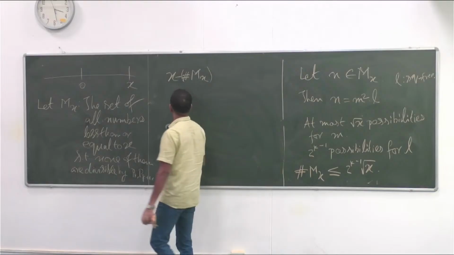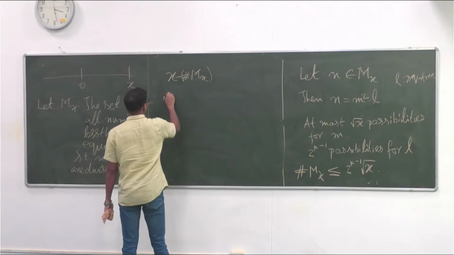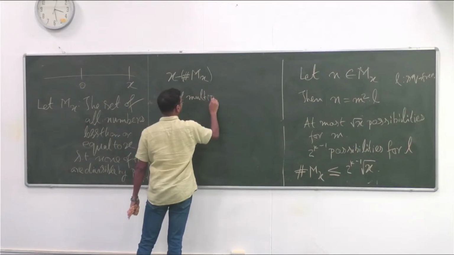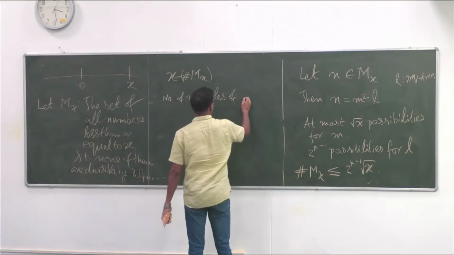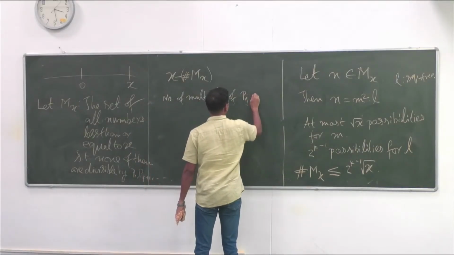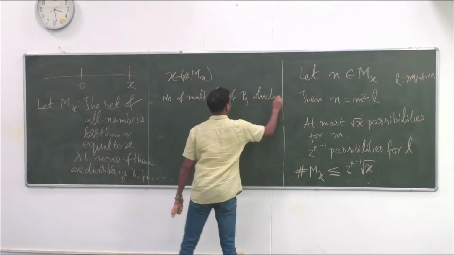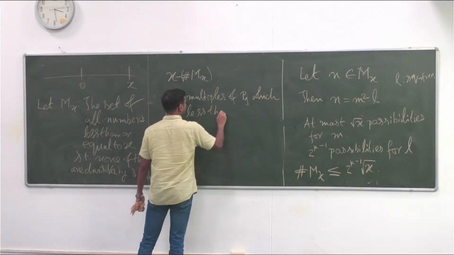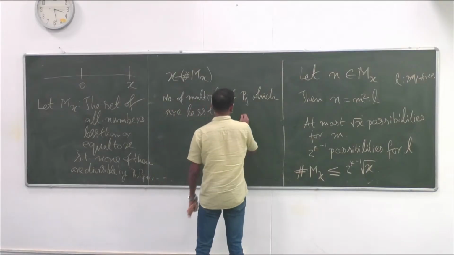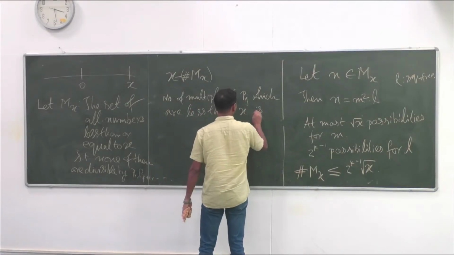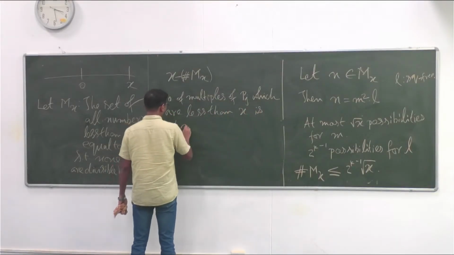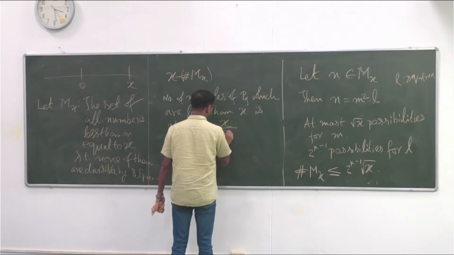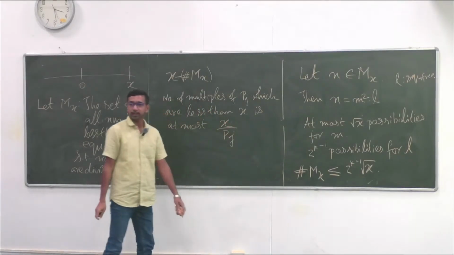So the number of multiples of pj which are less than or equal to x is at most x by pj, right?